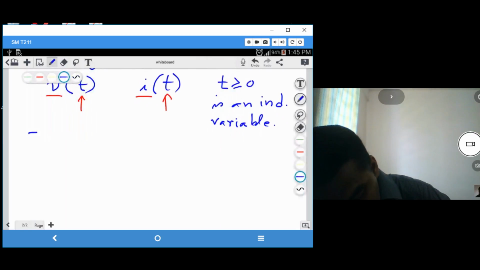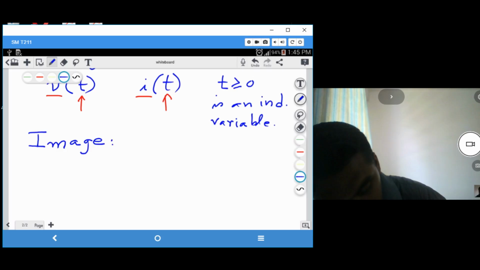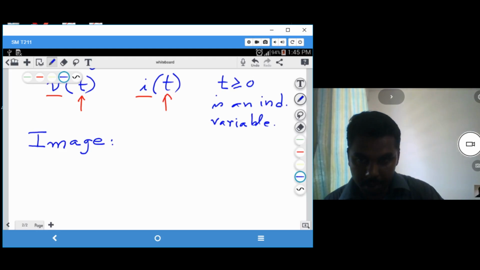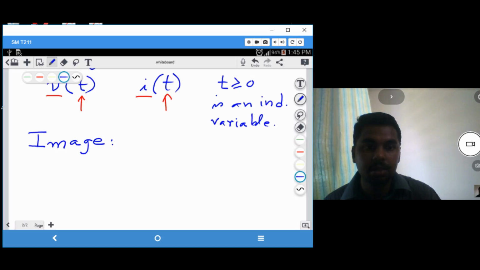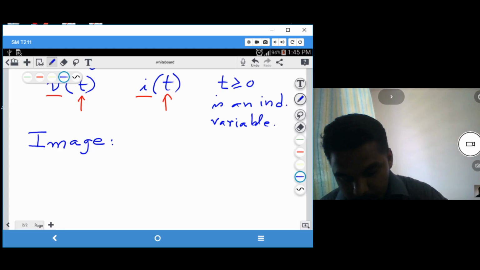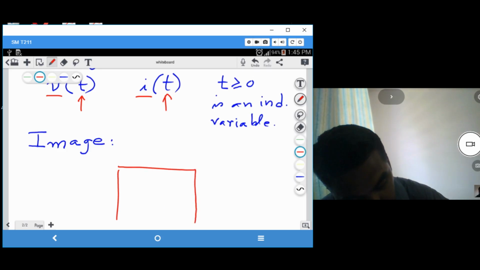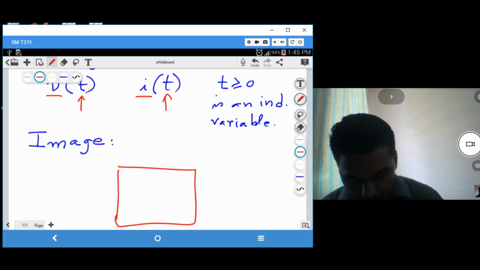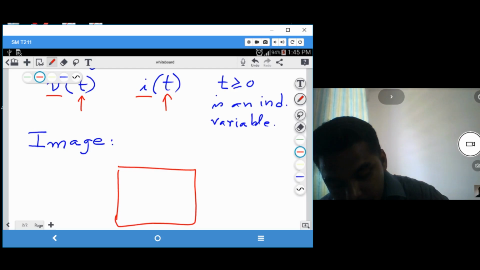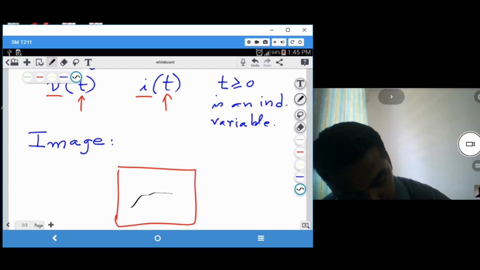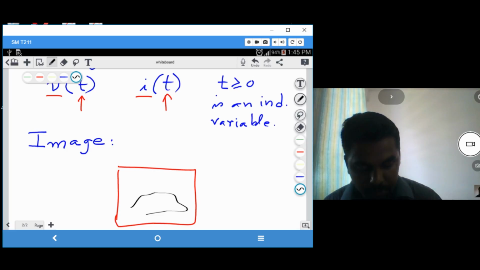So we consider the second example of a signal, which is an image. How do we represent an image? An image is a picture. So let us draw an image. The image is encapsulated inside this rectangular box.